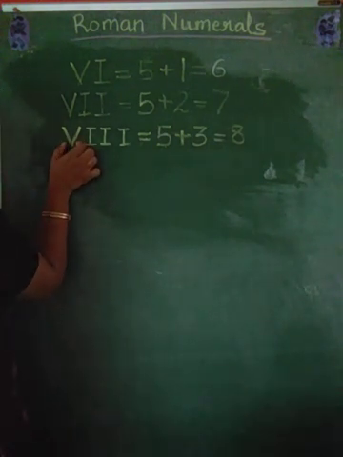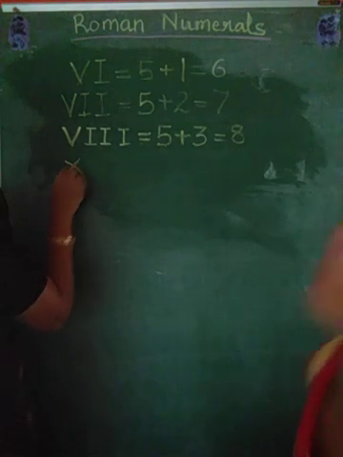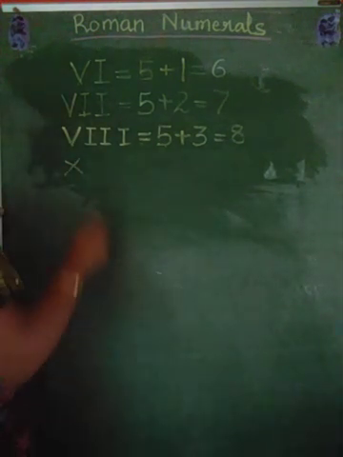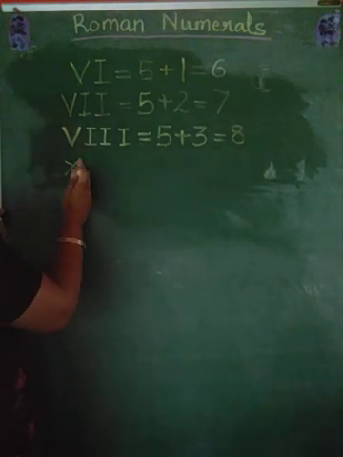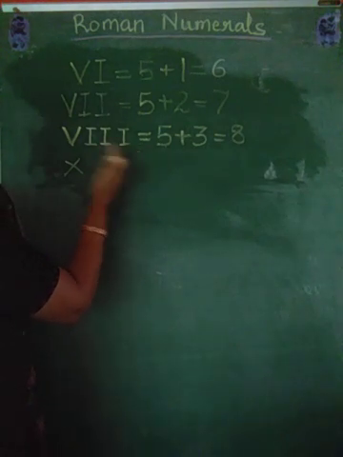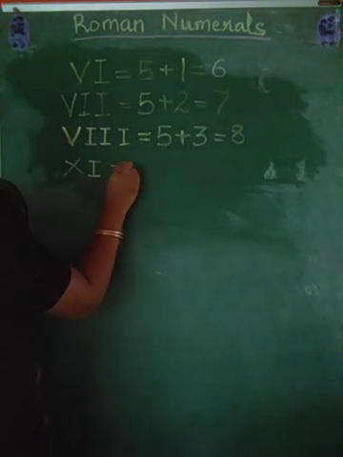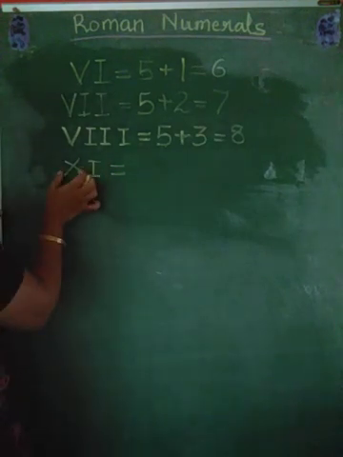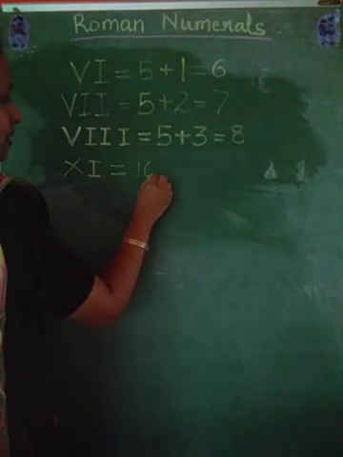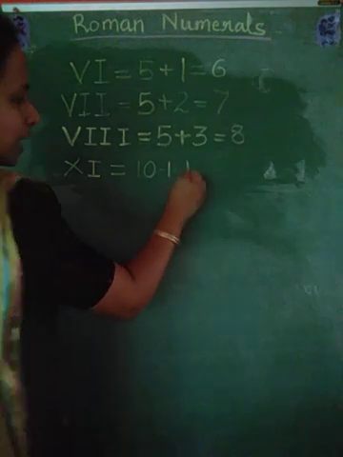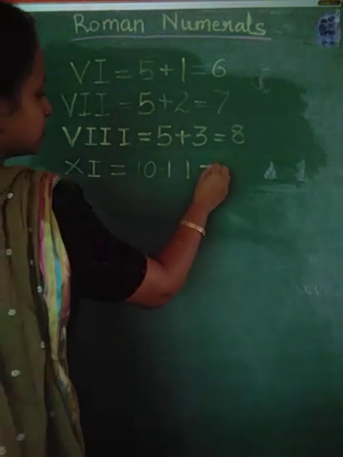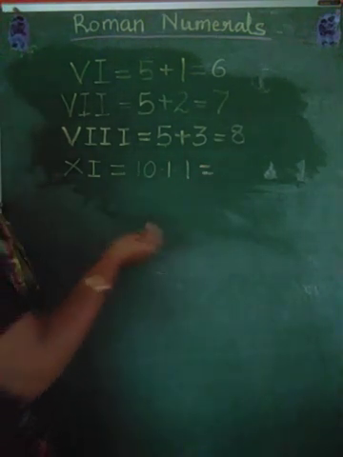For example, the bigger number, more than 5, is X. So with this X, let us try to write now a smaller number, that is I. Do you know what will be the value of this? Value of X is 10 plus 1 equal to 11.